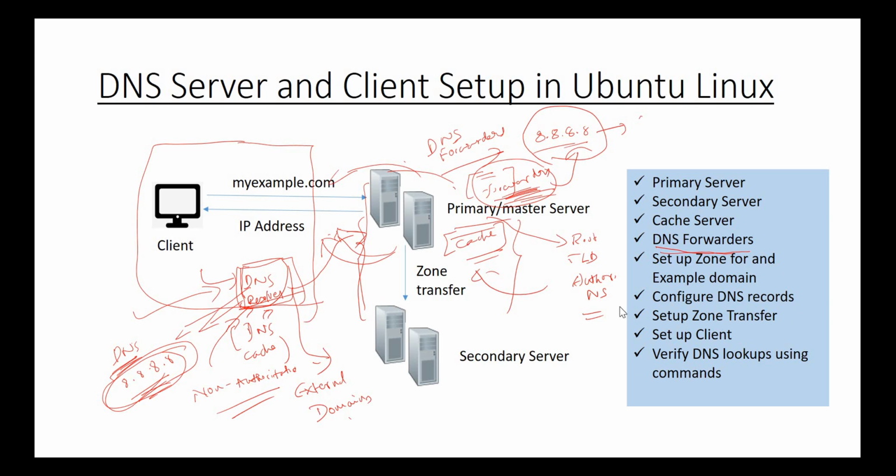And also we have seen how the zone transfer was done from primary to secondary DNS servers. Finally, we have seen how to set up the client with and without DNS resolvers. We also have seen two important commands, nslookup and dig, while testing the DNS queries and corresponding responses. We also have discussed DNS forwarders.